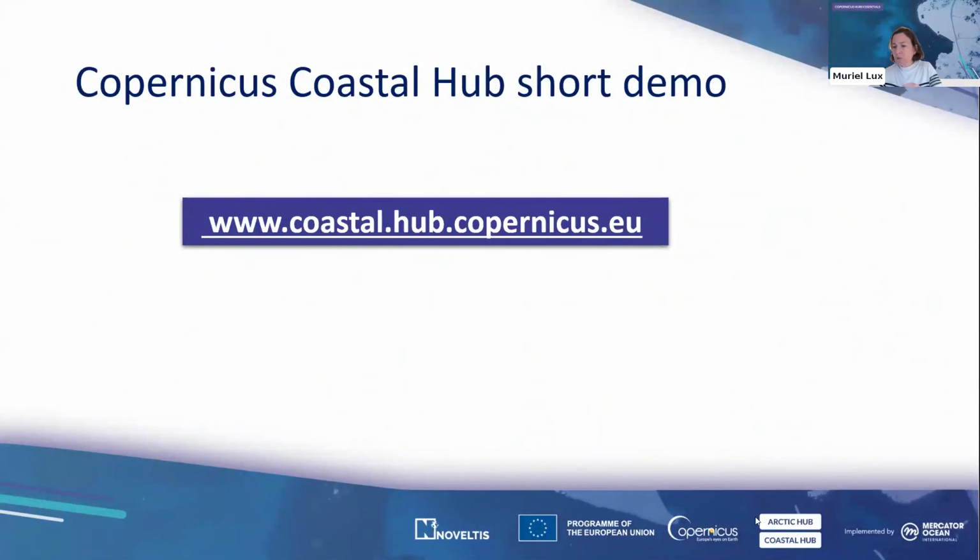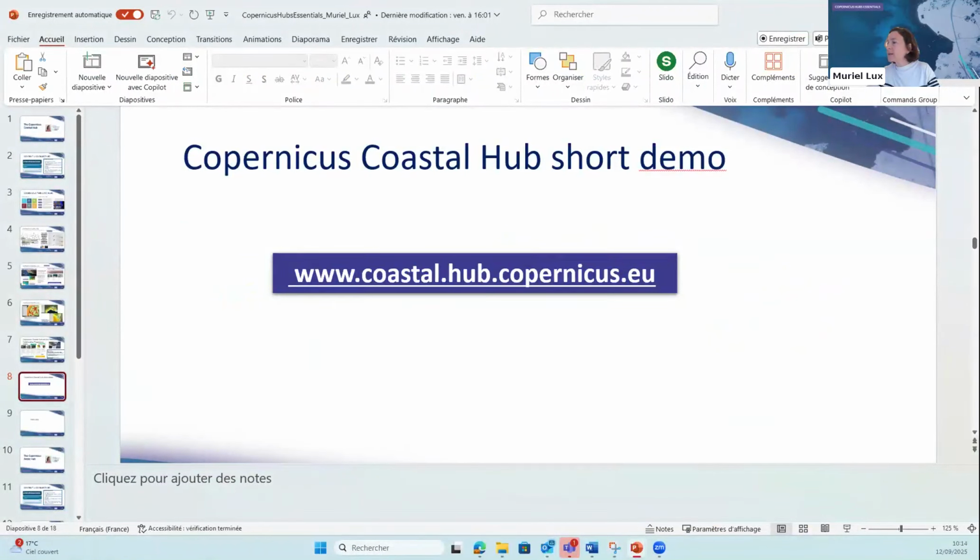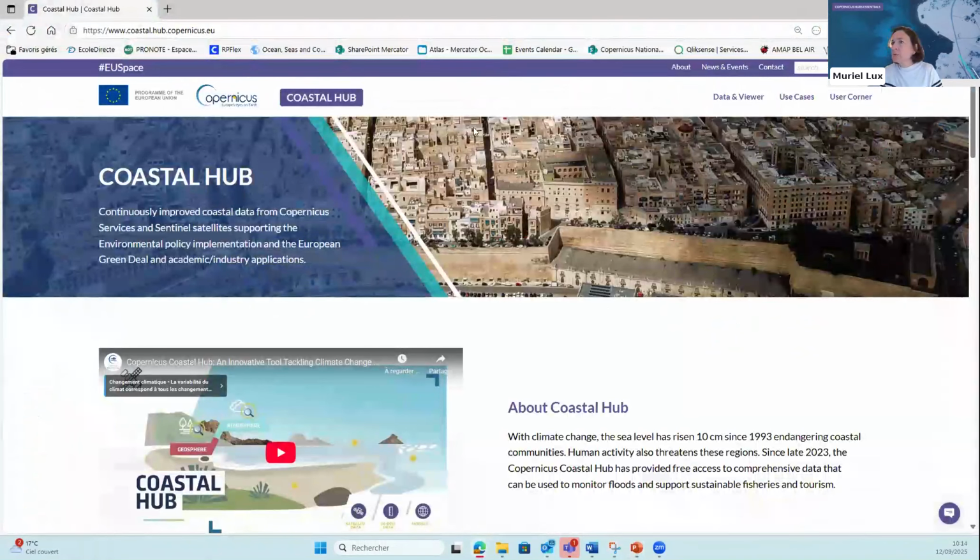Now, I want to show you a simple visit of the website. So here we go. You see my screen. This is the landing page of the Coastal Hub. Here in the main menu, you can reach the visualization tool and how to access and download the data from the different Copernicus services.